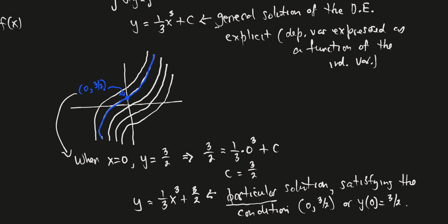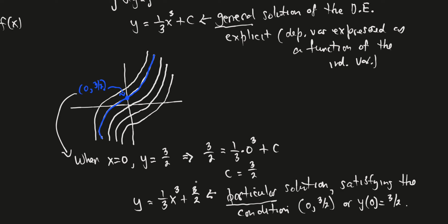So general represents infinitely many functions that satisfy the differential equation. Particular implies one of those many functions that satisfy a certain condition. Now, you might have some differential equations where even when you specify a specific condition, you might still end up with multiple solutions, and that could happen, right?